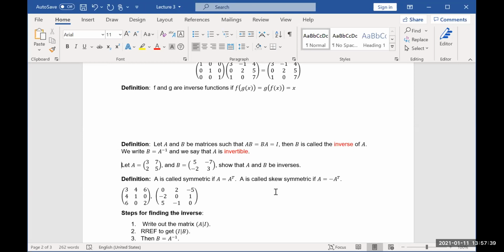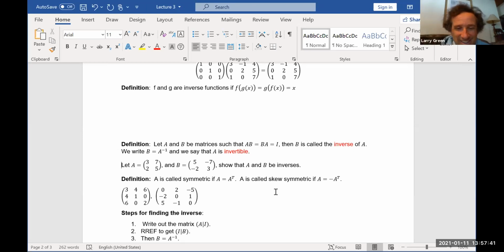So if I gave you something like 10x plus cosine of x, and I said find the inverse, you wouldn't be able to.